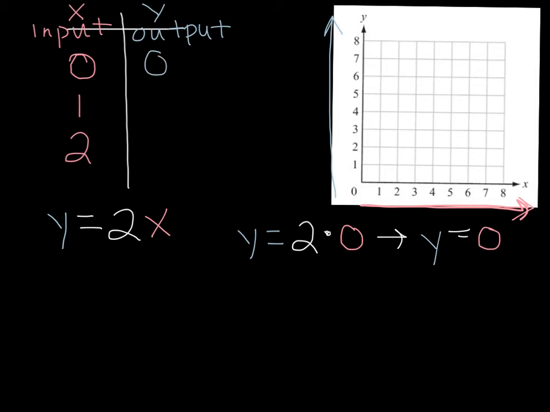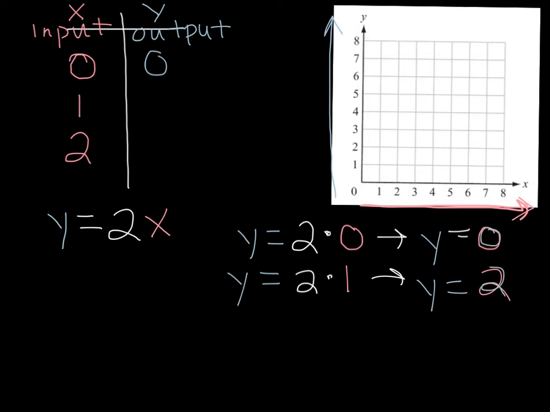Let's try another one. I'm going to start with y. Notice I'm just rewriting it because I don't know what y is yet, and I'm sticking in the x value. 2. And my next value that I'm going to be looking at is 1 right here. So I'm going to multiply that times 1. And here I get 2 times 1 is equal to 2. I should be coloring these blue, I'm sorry.